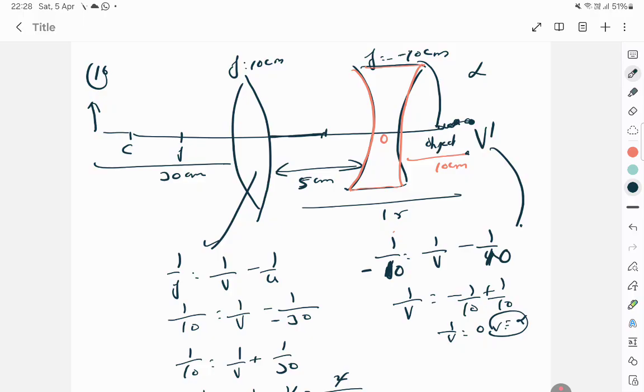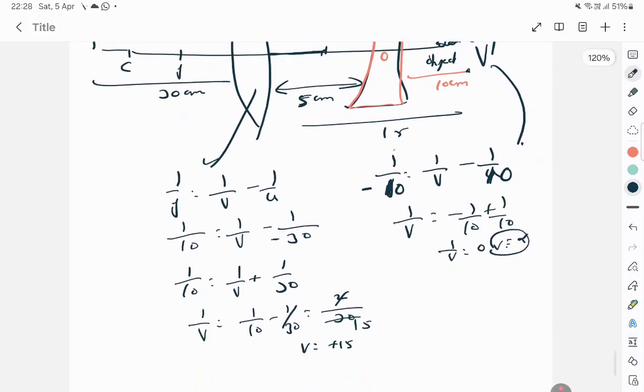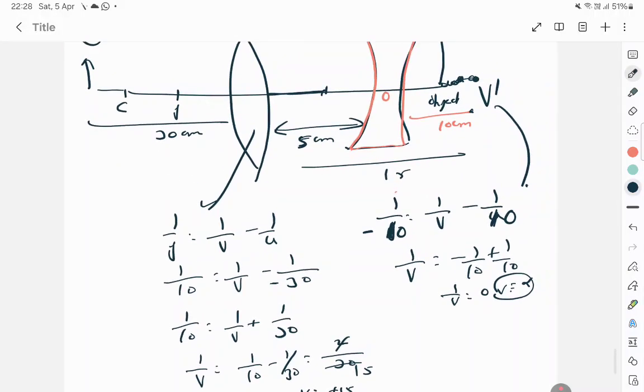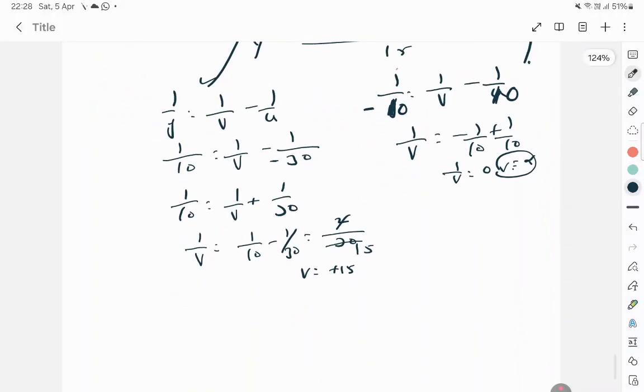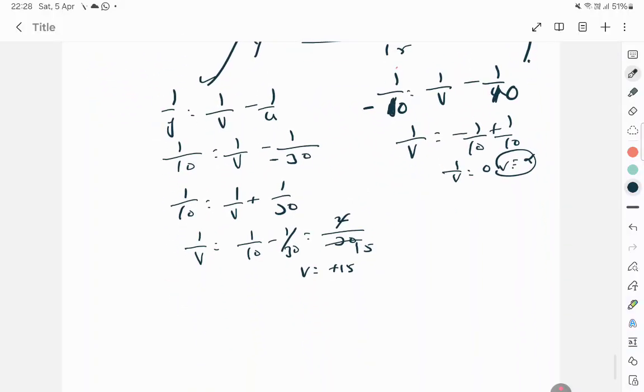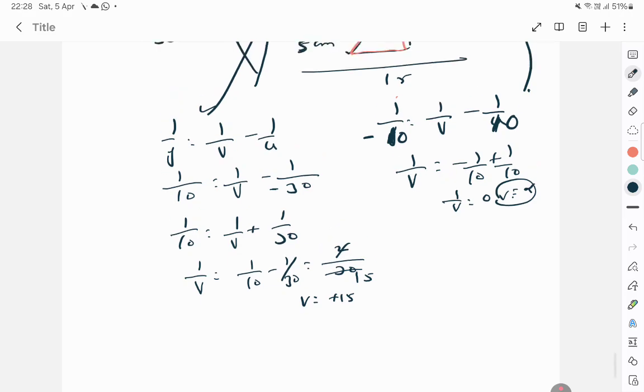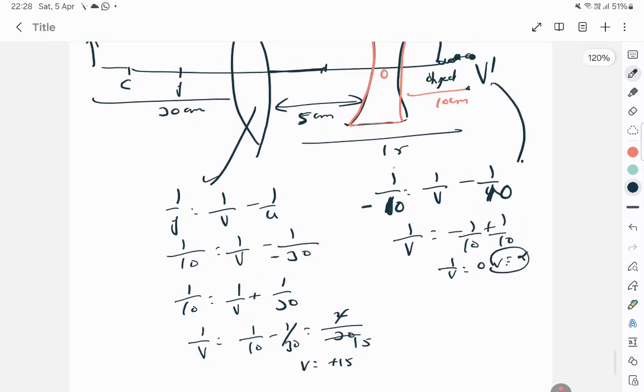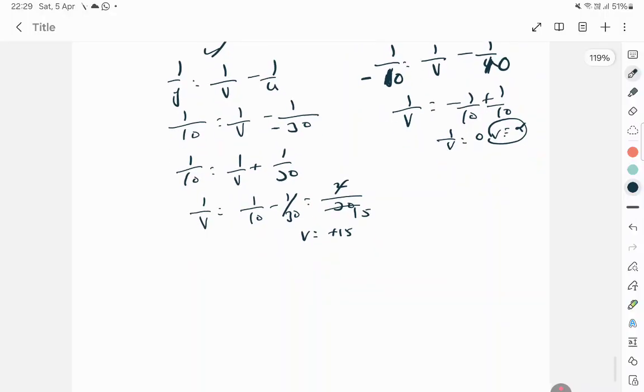Find the position of the final image formed by the combined system. Okay, in my opinion, it's right.